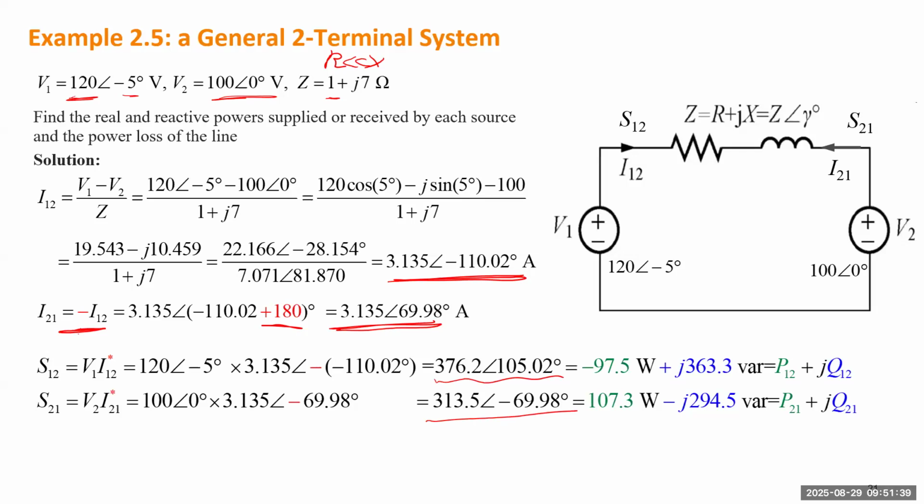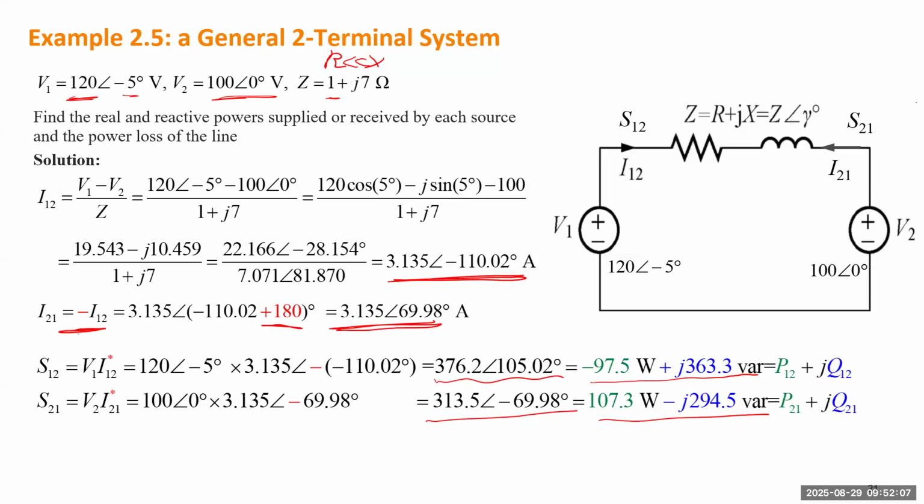And if you write each one into the real part and the imaginary part, that will tell you the active power and reactive power. So the active power from bus 1 will be negative 97.5. The active power from bus 2 will be 107.3. So what does this mean? First, the values of the magnitude are very close.